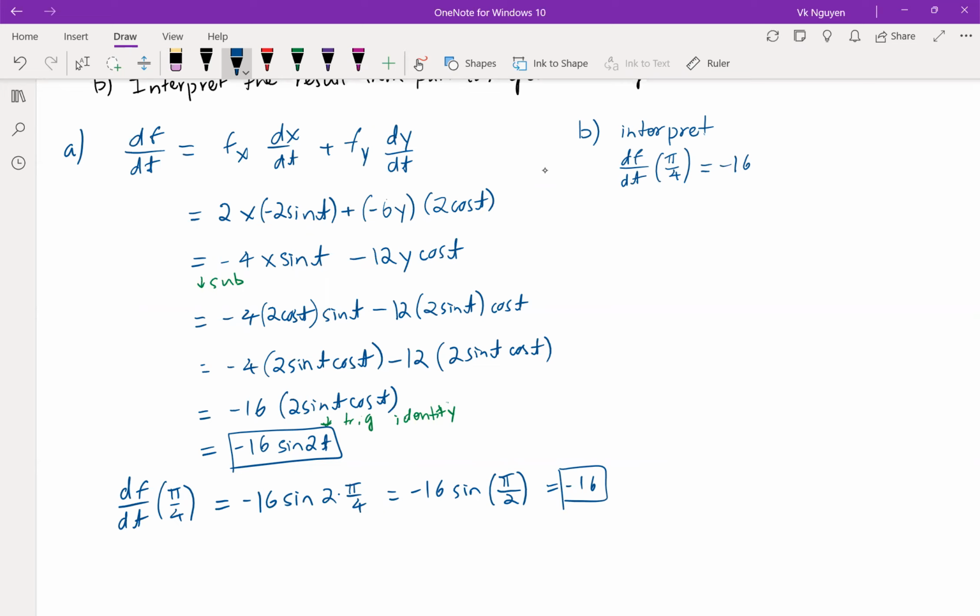We know f(x,y) is a surface, and given x equals 2 cosine t, y equals 2 sine t, which is a circle of radius 2 on the xy plane.